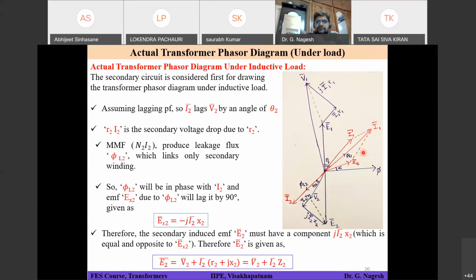That alpha, what is shown here, this alpha is equal to 0, because alpha depends upon the core losses. Since for an ideal transformer we have assumed the core losses are equal to 0, that's why you have seen IE in phase with phi. IE is coming because of the core in the transformer. When you connect the core, some current will flow from the primary side. That is called IE.